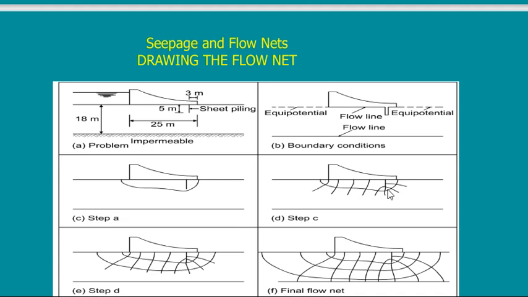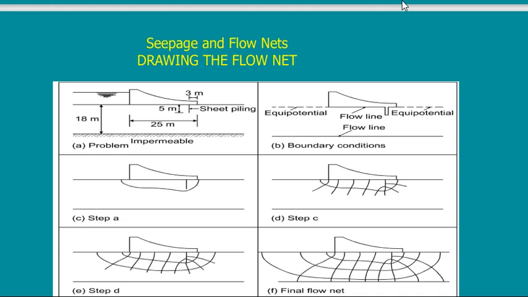Anyway, there are many approaches to how to draw it. Start with the equipotential lines, or start with the flow lines. Do full channels or part of channels, whatever you do.